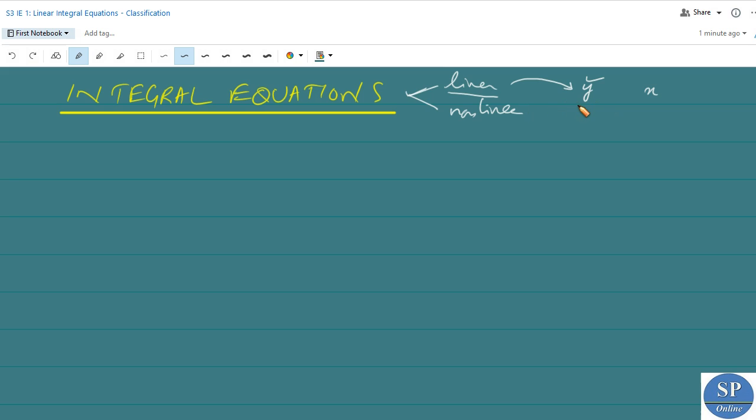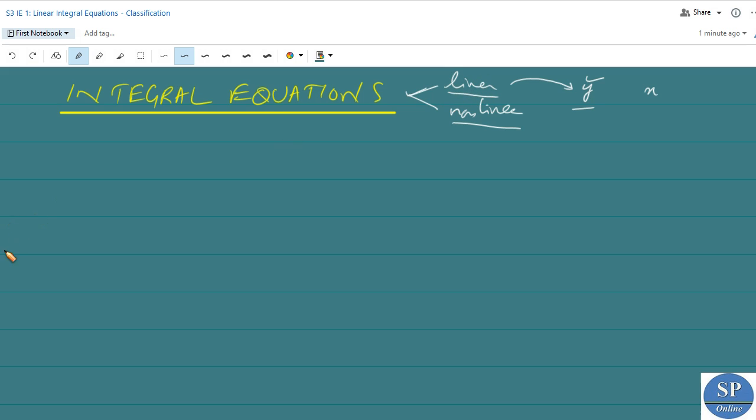Okay, that is, linear integral equations are linear in the dependent variable y or unknown function y. The equations which are not linear are called nonlinear integral equations. Now, in our study, we consider only linear integral equations.